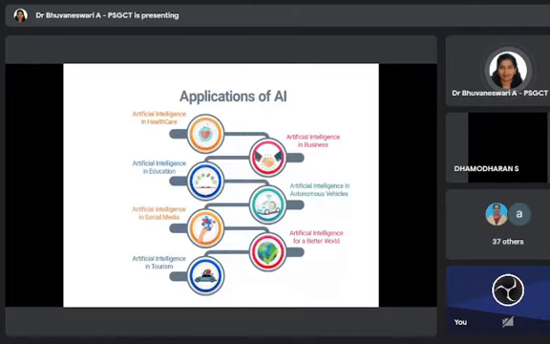Okay, so that's in the automobile sector. And when you come to social media, without your visual awareness, you can sense the presence of AI in social media. For example, Google is one of the best platforms wherein you can sense the presence of AI.